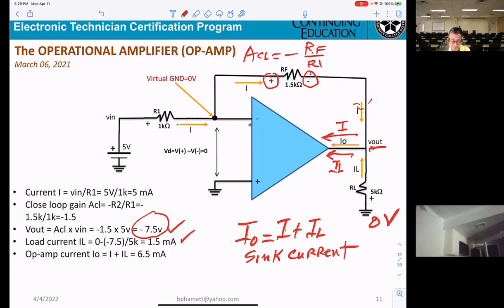And make sure you know how to get the formula to calculate the closed loop gain equal minus RF divided by R1. Okay, now Vout will be the voltage measured from output to the ground. So you get two formulas. Vout can be equal to IL times RL.